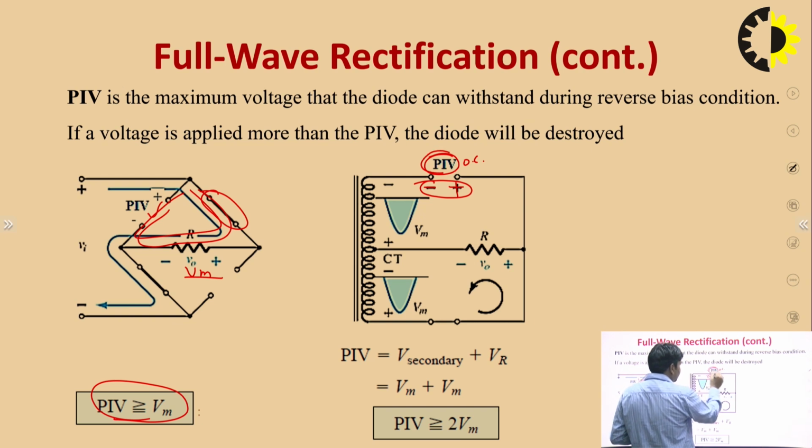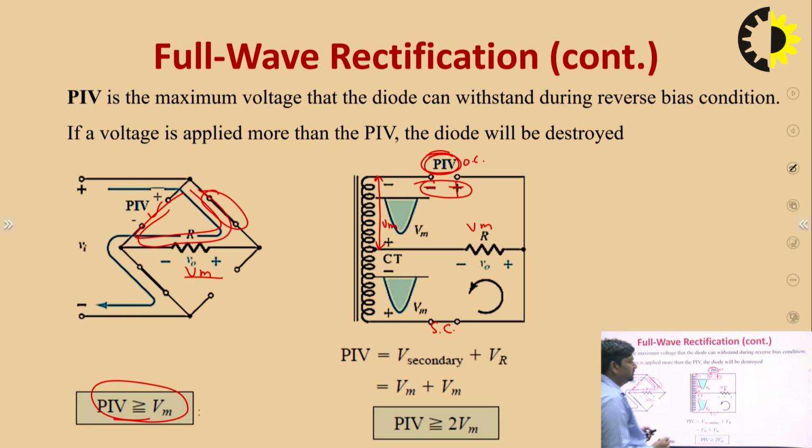So what is the PIV voltage we have to calculate? In this case, this one is a short circuit, because at that time this diode works as forward bias. So this voltage is Vm, and in that particular circuit this voltage is also Vm. So in the center tap full wave rectifier, the PIV is the secondary voltage. What is the secondary voltage? This one is Vm.